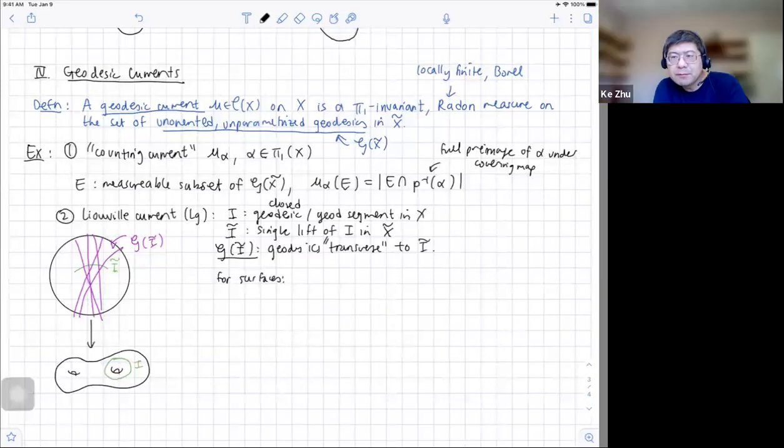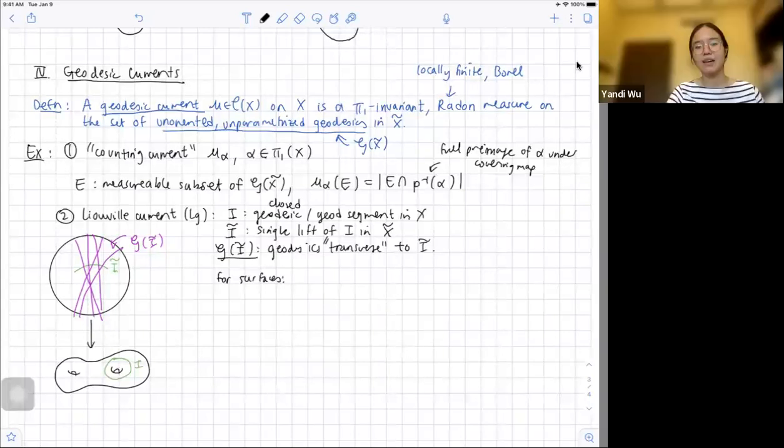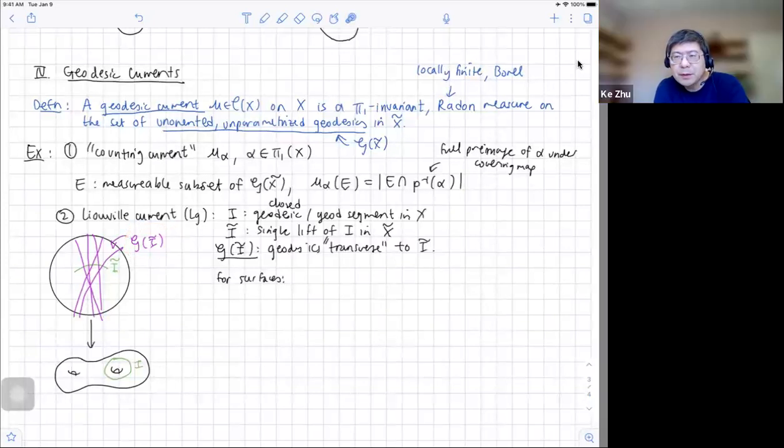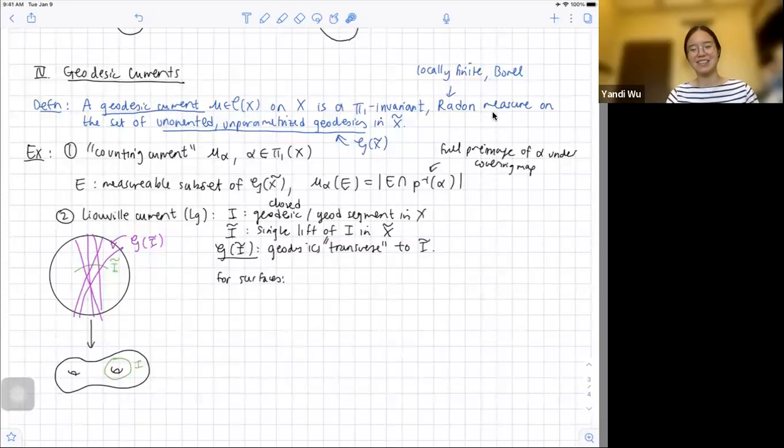Even in the flat torus case, you may have some irrational slope type of geodesic. Yeah, so I'm only considering negatively curved objects in this talk. So I'm not looking at tori, for example, but in theory, any geodesic that you see in the universal cover can be included in this measurable subset. So you don't require them to be closed. Right. Okay.